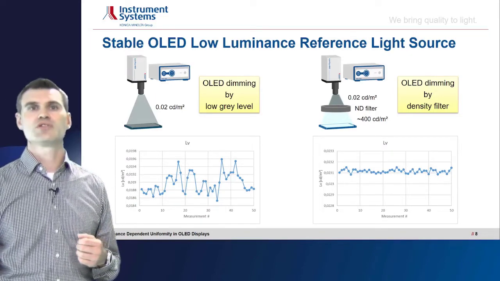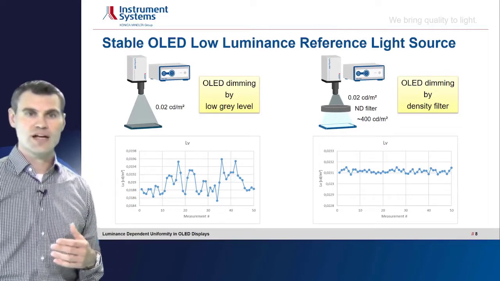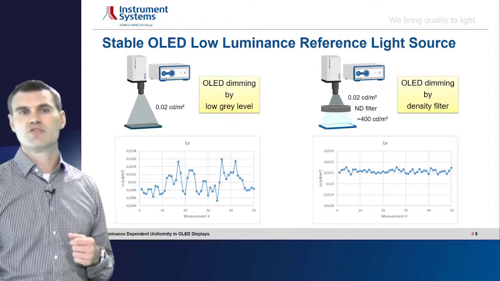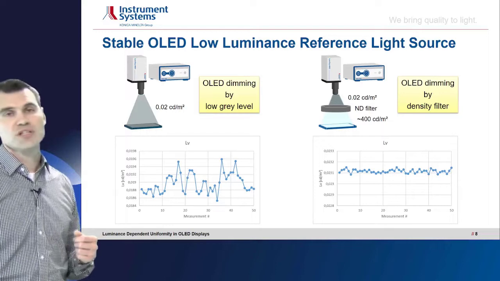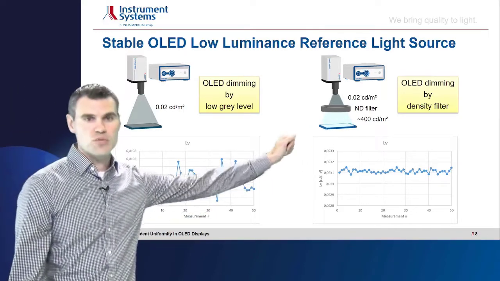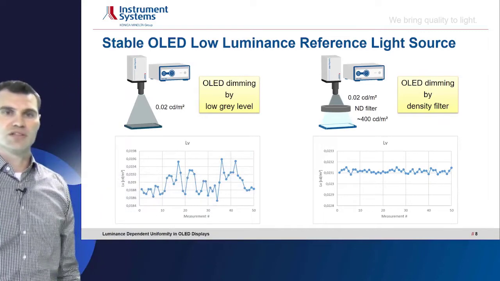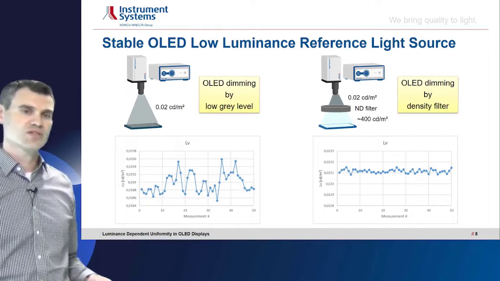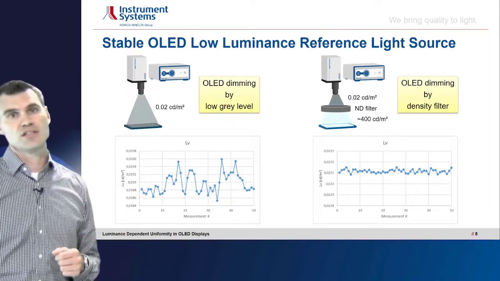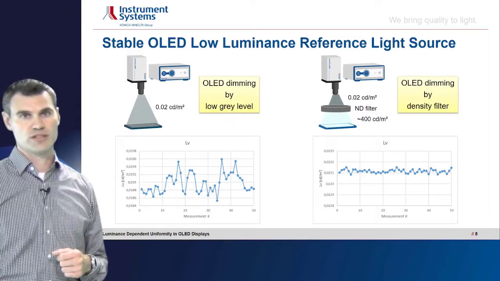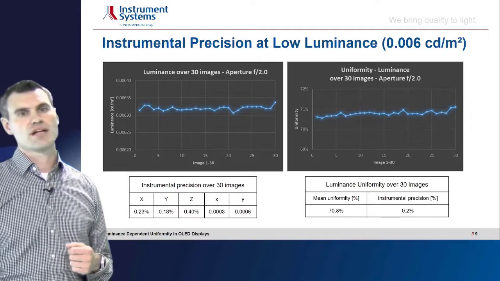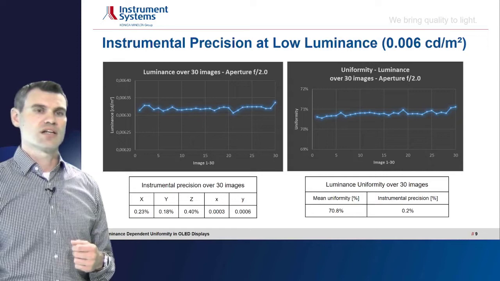You can use an OLED at higher luminance, around 400 candela per square meter, for example, and use an ND filter in between in order to dim down to the low values of around 20 millicandela per square meter. And in this case, you can see that you have a nice stable light source which still has the spectral characteristics of an OLED.